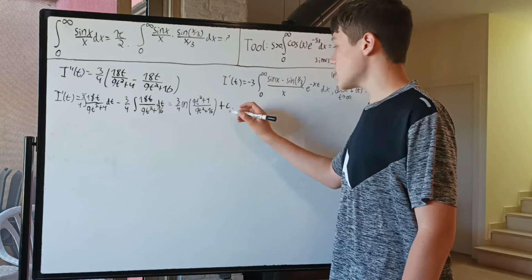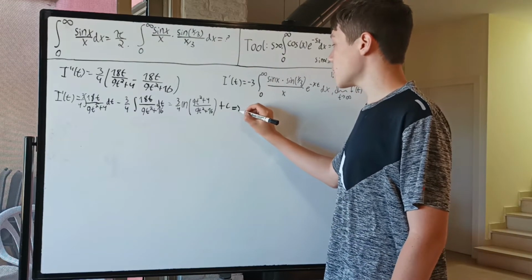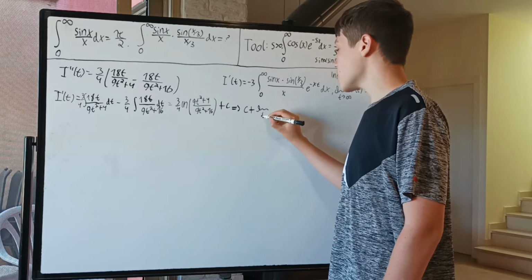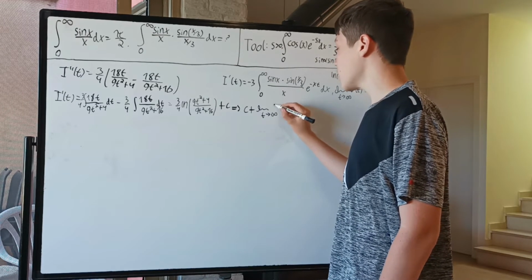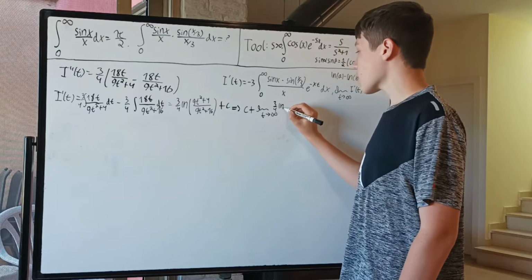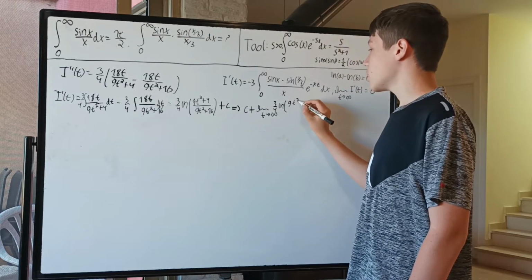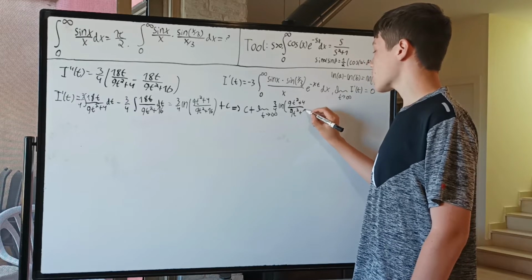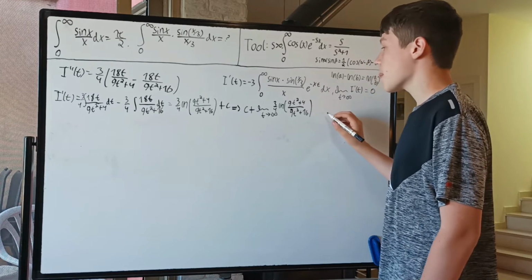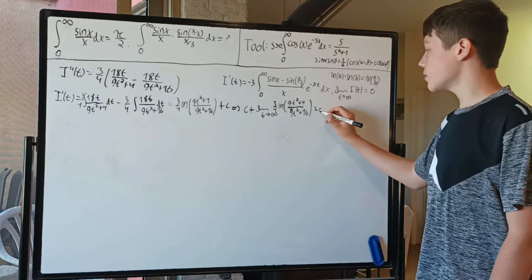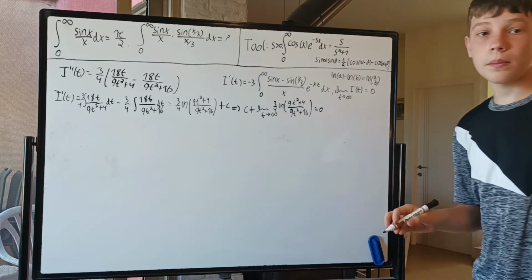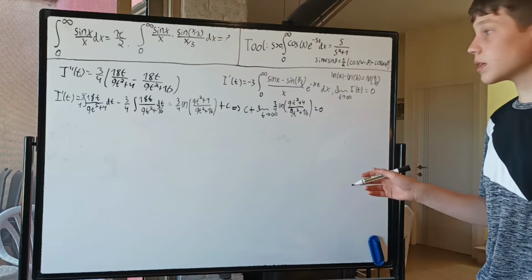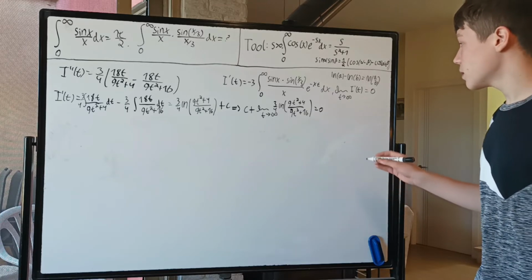So if we take the limit here, I'll have C plus the limit as t goes to infinity of 3 over 4 natural log of 9t squared plus 4 divided by 9t squared plus 16. We know this is 0, but to evaluate this, we can do something like this.